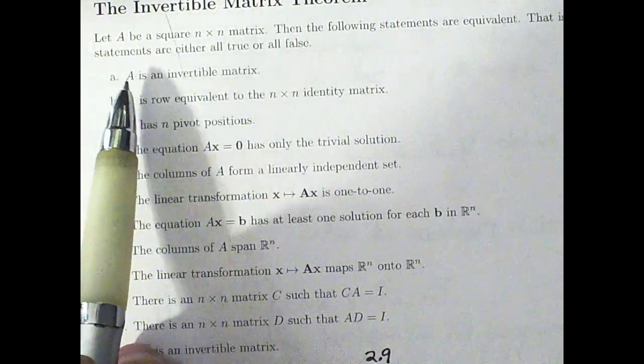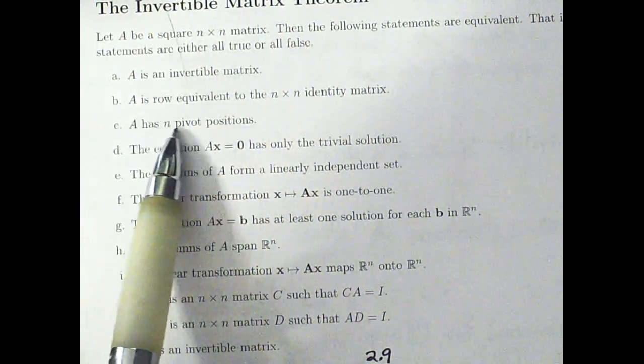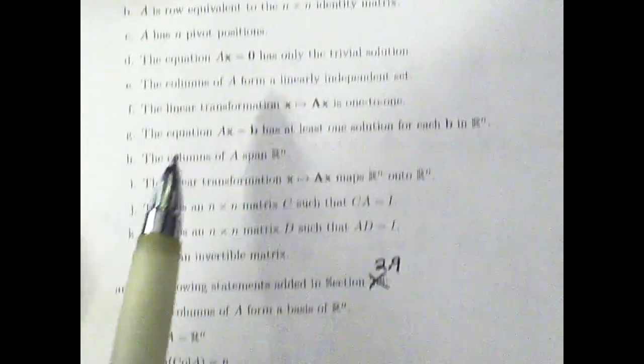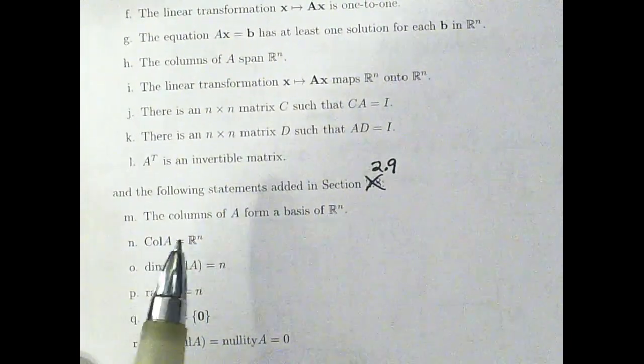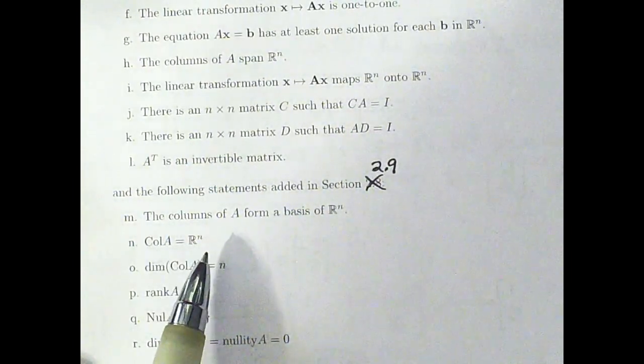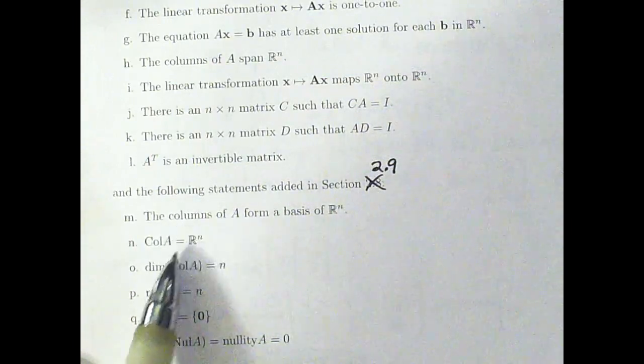So I guess what happens is if a matrix is invertible, that says that A has n pivot positions. If A has n pivot positions, then the reduced row echelon form would look like the identity matrix. So both of these things would happen.